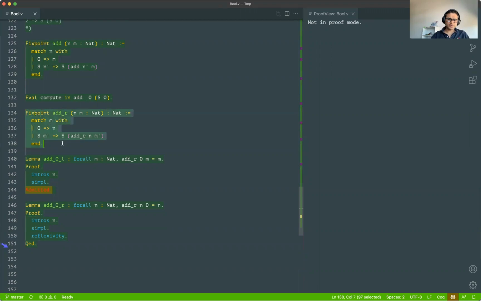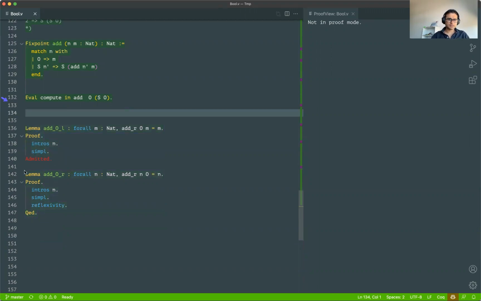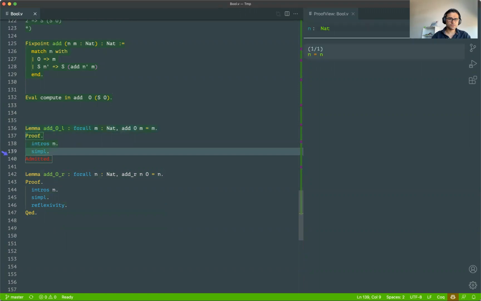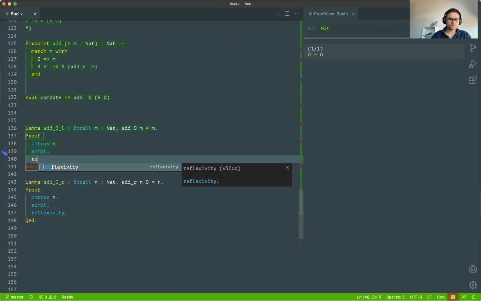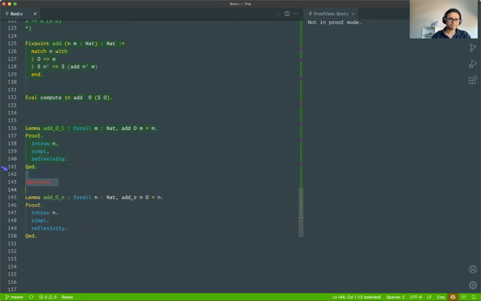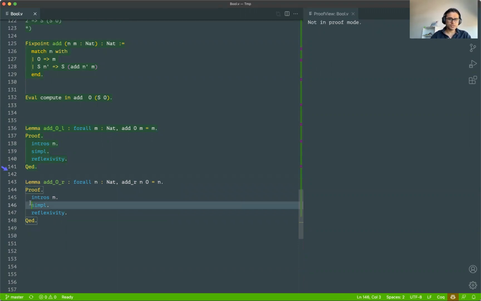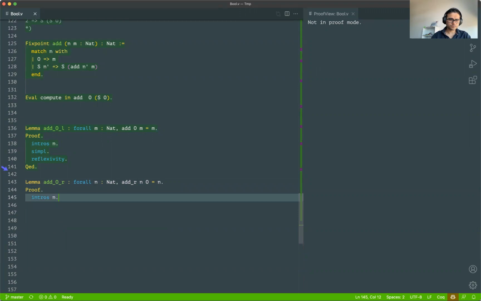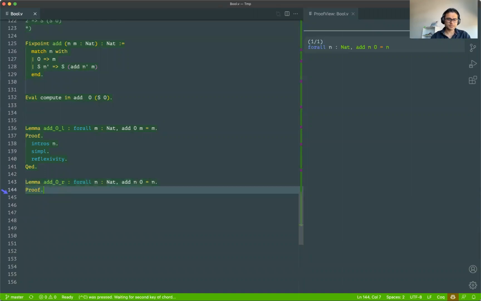Okay, so let's get rid of this. And what I am going to do is, let's stick to the definition we have. So using the same definition, we prove this lemma.